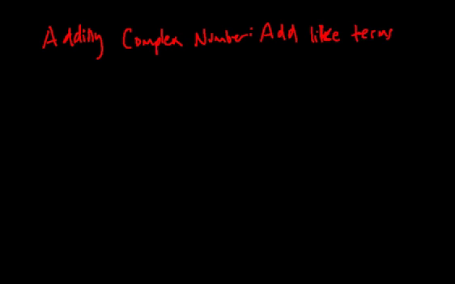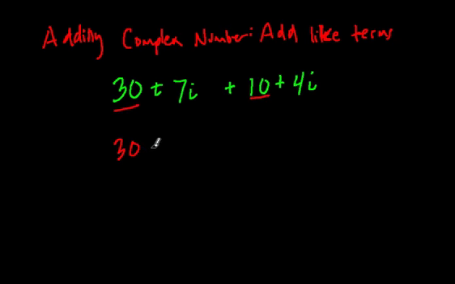So for example, if we had 30 plus 7i, and then we're adding that to 10 plus 4i, we add our like terms. The numbers 10 and 30 are our real numbers, so we add those, 30 plus 10, and we add that to our imaginary numbers, 7i plus 4i.